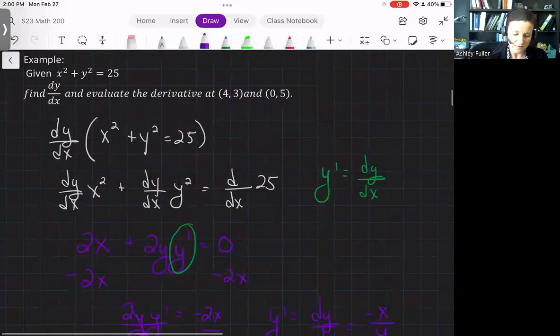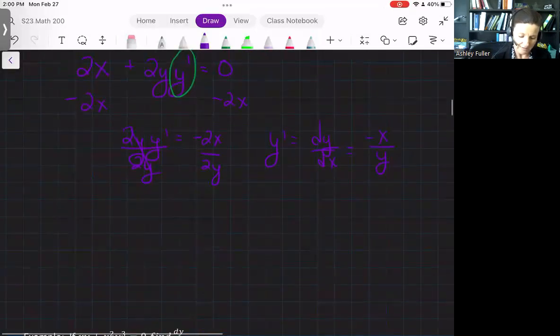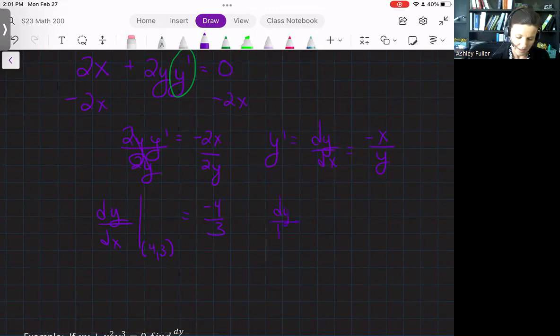If I wish then to define that derivative at those two specific points, I can evaluate dy dx at the point 4, 3 by plugging in negative 4 over 3, and I can find dy over dx at the point 0, 5 by also plugging in negative 0 over 5, which is just 0.